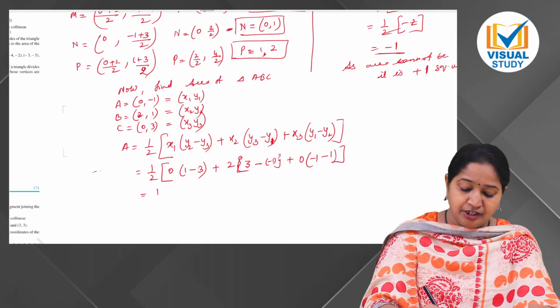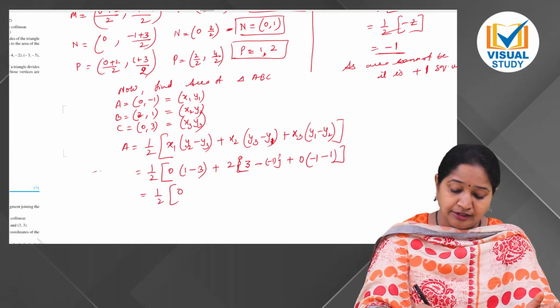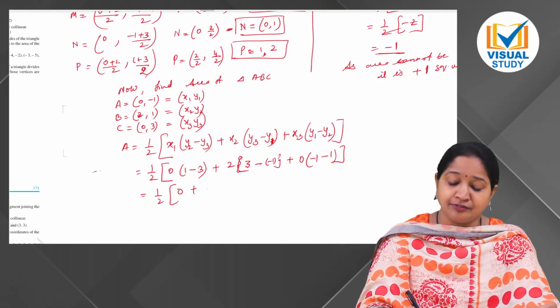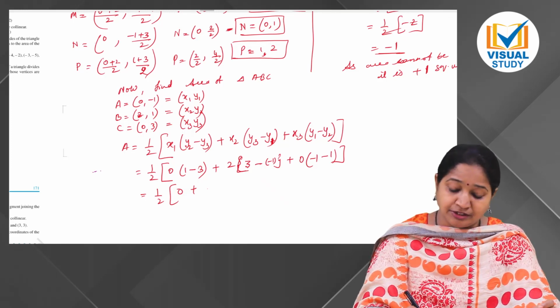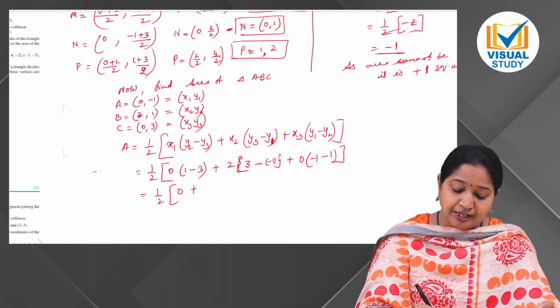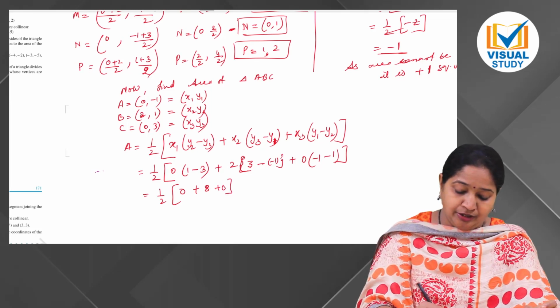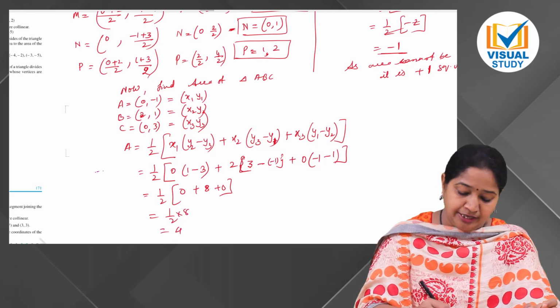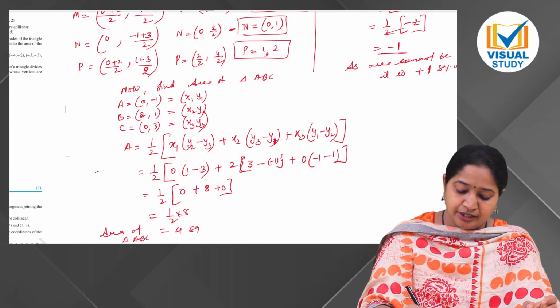Here you get 0. Plus 2 into (3 minus of minus 1, that is 4), and 3 plus 1 is 4, and 4 into 2 is 8, and here also 0. You get half into 8, and that is 4. So the area of triangle ABC is 4 square units.